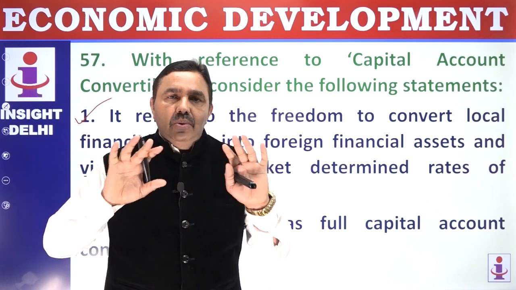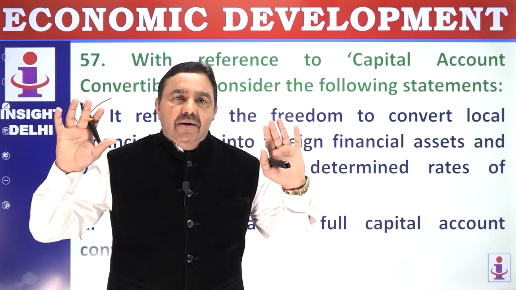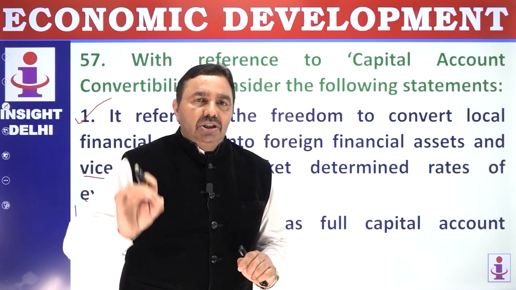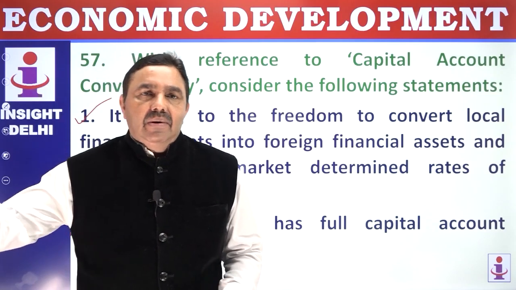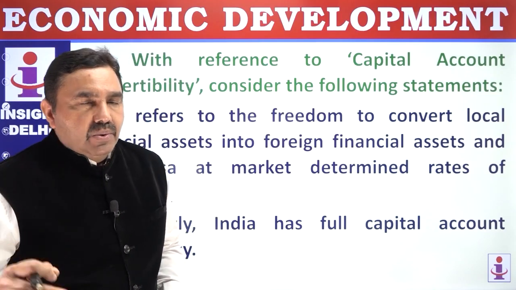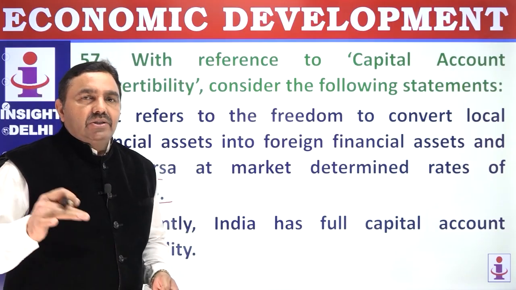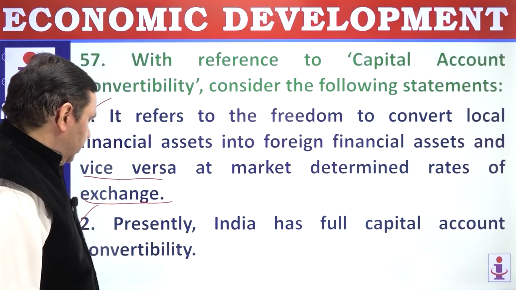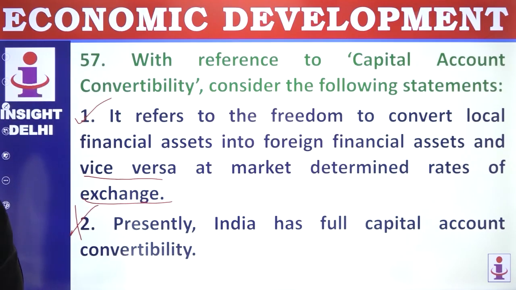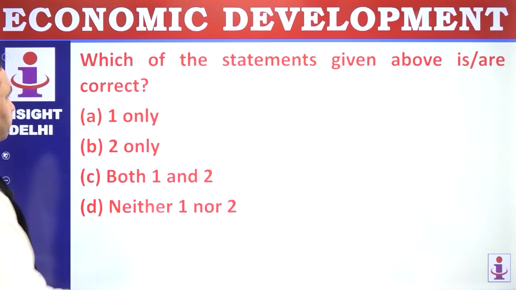It means if you want to have trade with other countries, you don't have to bother about any kind of limitation. You can get dollars, pound, euro to get something from outside. But if you want to invest in other countries, if you want to carry your money outside, then there is a partial convertibility. For specific things, specific amounts can be carried out. Only one.